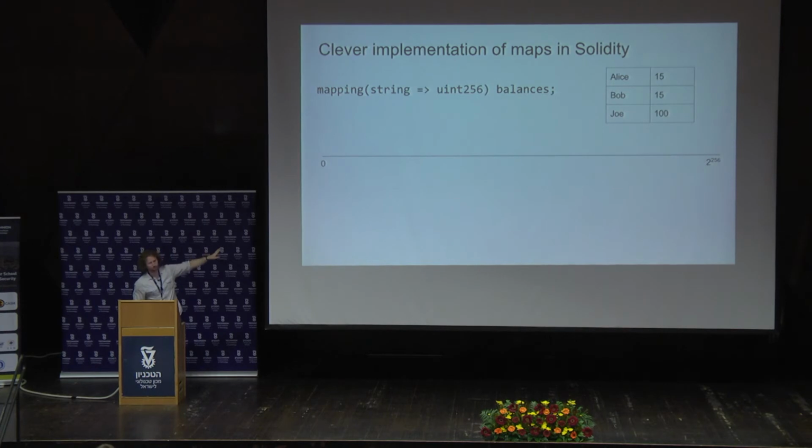The way this actually gets implemented under the hood by your Solidity compiler, you hash the key and also the syntactic name of your map. And that gives you a random location in memory. And that's where you write the value. And similarly, you do this for all the other keys that exist.